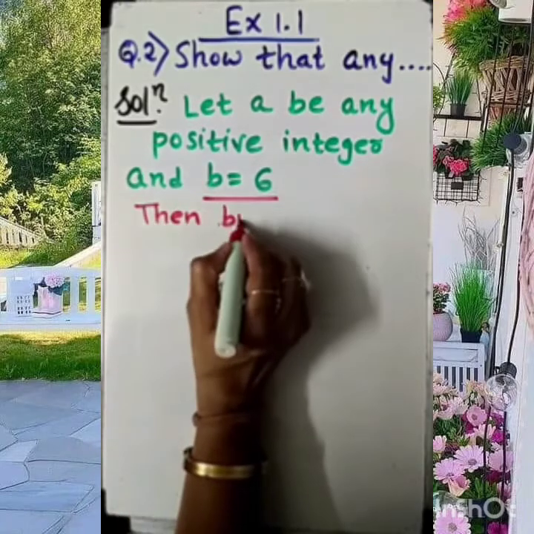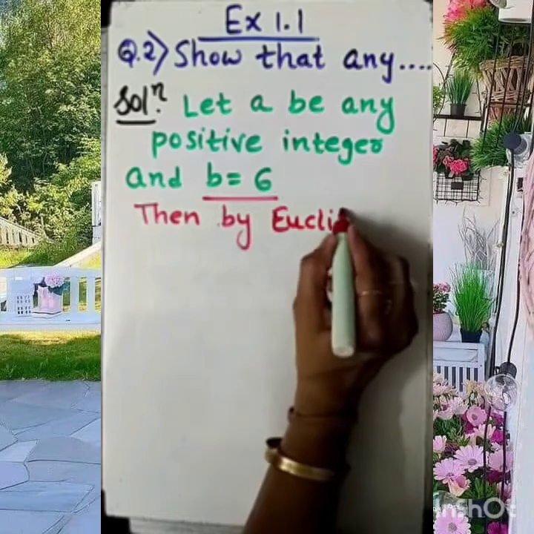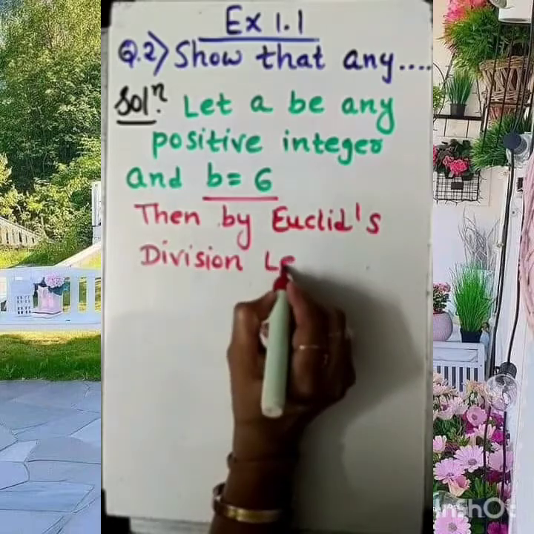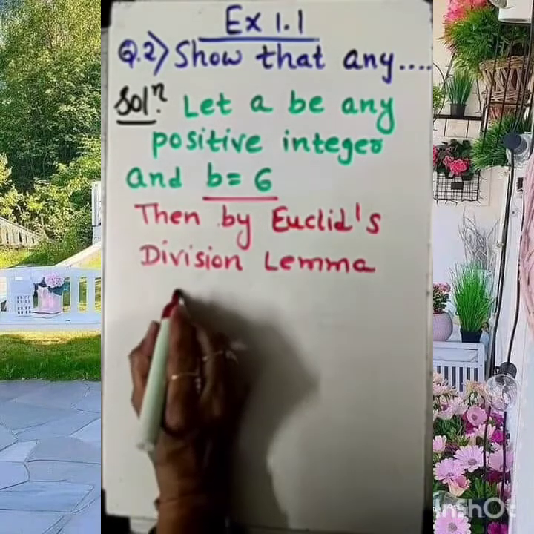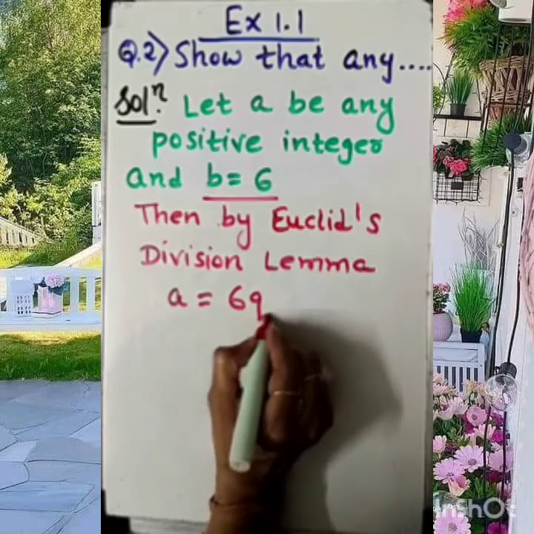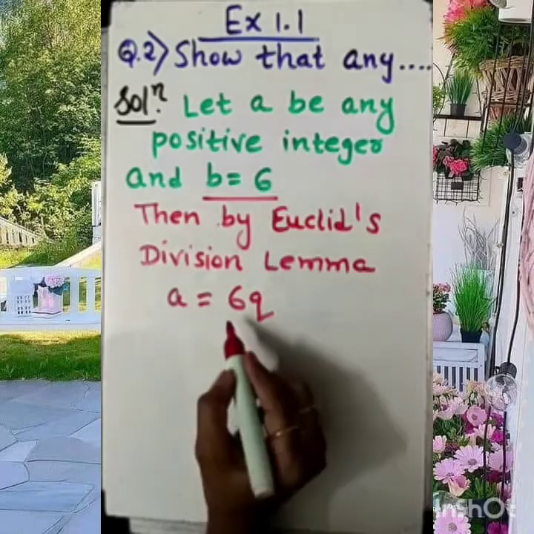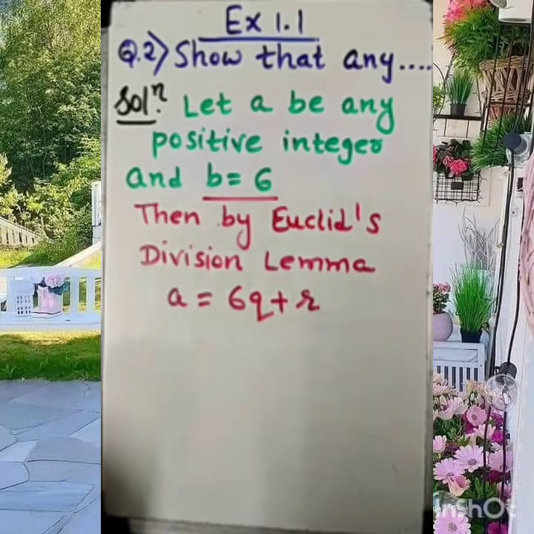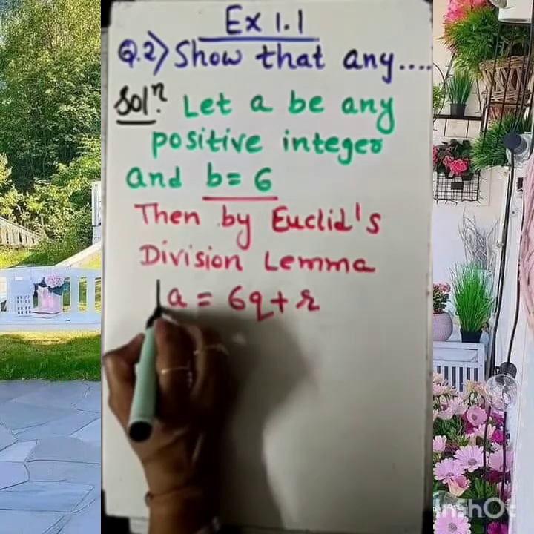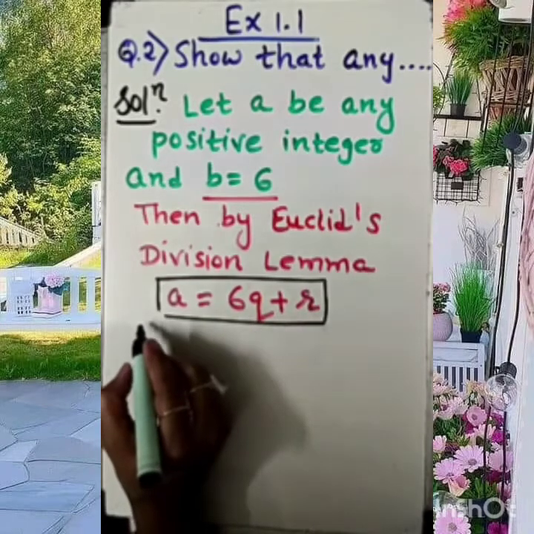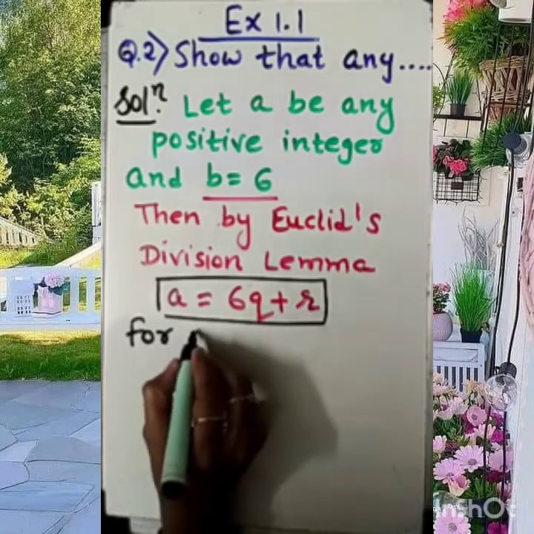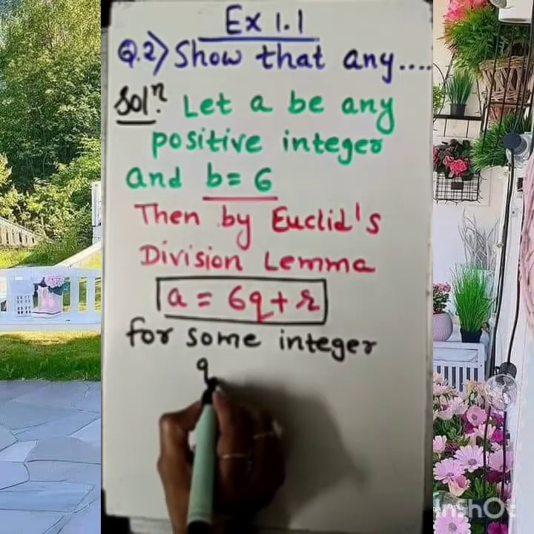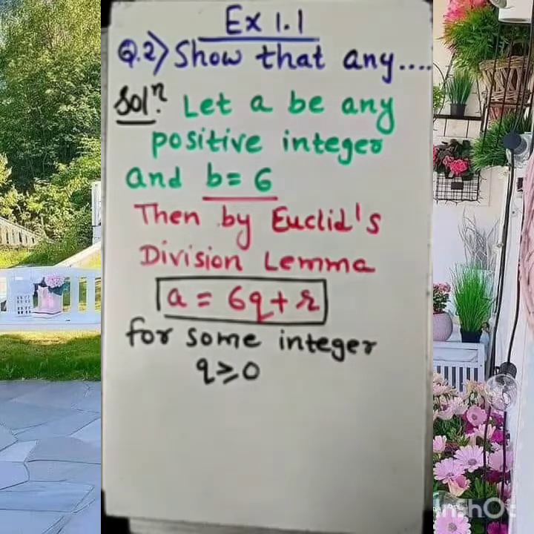Then by Euclid's division lemma, the value of A equal to 6Q plus R. For some integer Q greater than or equal to 0.